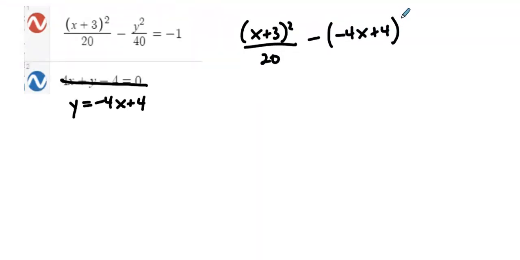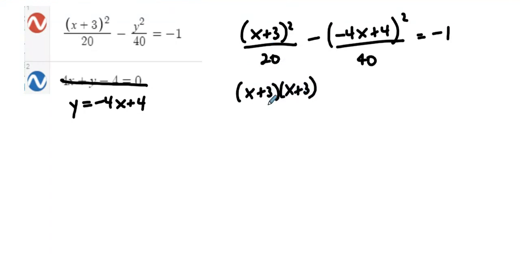So substitution. You can predict, right? This is going to end up as a quadratic function. So now we have 2 here. Let me do it the long way, so we don't forget.